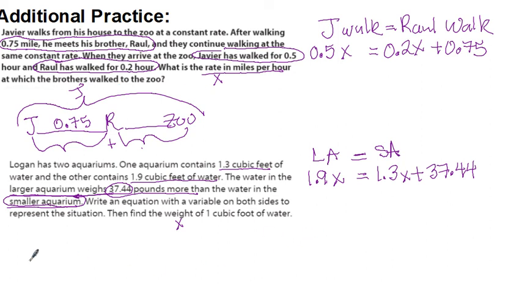We've got that large aquarium to match with the small aquarium to get to the equal weight, right? Equal weight, we have to add this 37.44 to the small aquarium's weight.